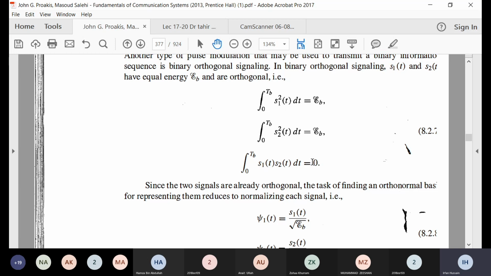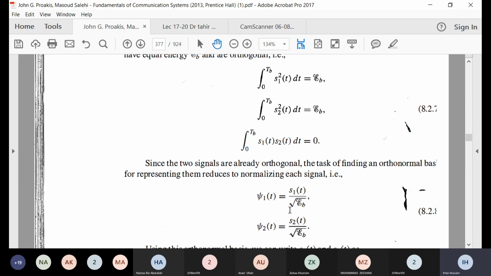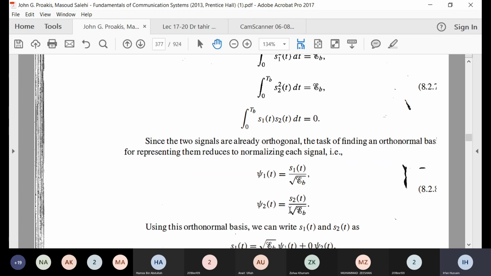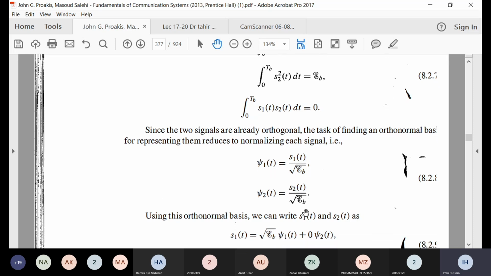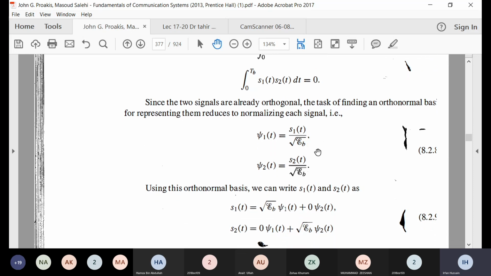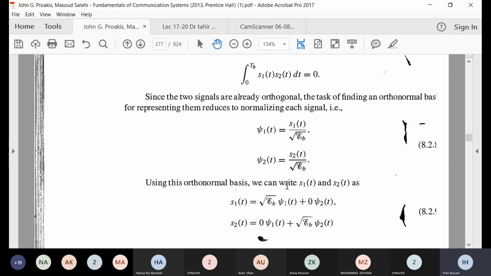This means that you will require two orthonormal vectors, and psi 1 will be S1 over under root EB and psi 2 will be S2 over under root EB. So you can see that S1 is given by under root EB psi 1 and S2 is given by under root EB psi 2.